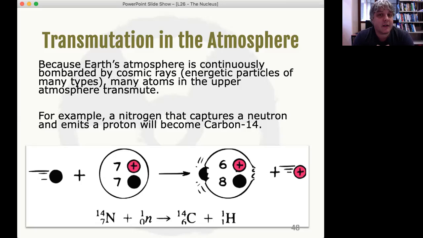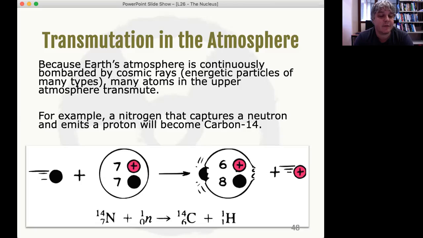And one of the things that happens when these cosmic rays hit our atmosphere is that a neutron can collide with a nitrogen-14 atom. And when it does that, that nitrogen-14 atom absorbs the neutron, and emits a proton. So we still end up with the same mass number.